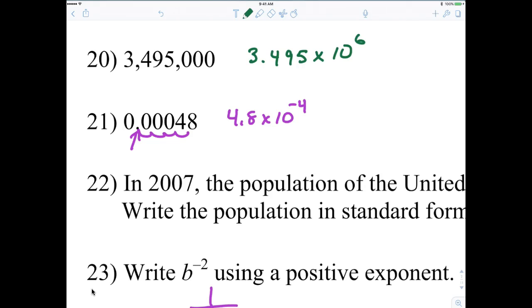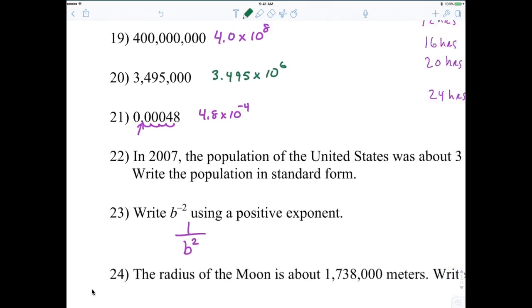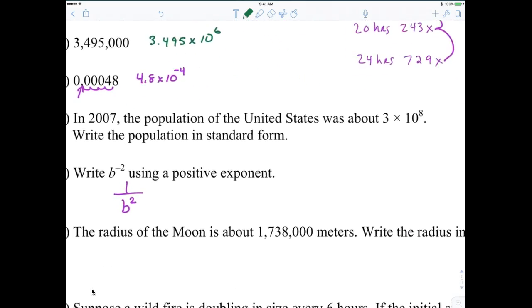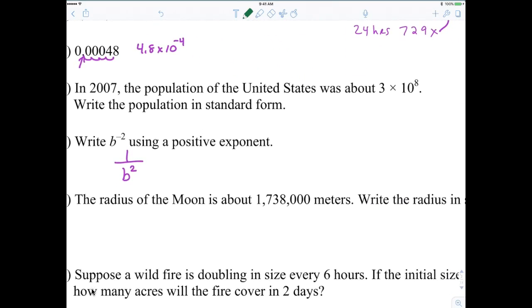All right. Allison, help me out. Standard. So how do I write 3 times 10 to the 8th? What would I need? Now, look right here. See the decimal is here?